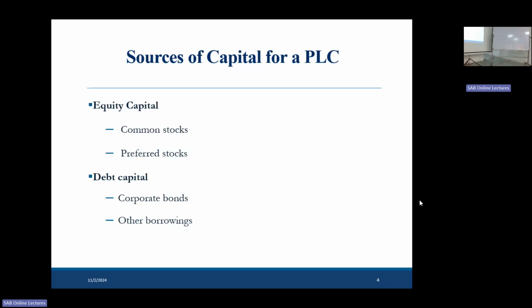Irrespective of the profit or the performance of the company, you get interest. But equity is not like that. Dividends depend on profit, the availability of investment, the board decision, and a lot of other factors, so that is a variable source of capital. So basically, we can divide capital under debt and equity.